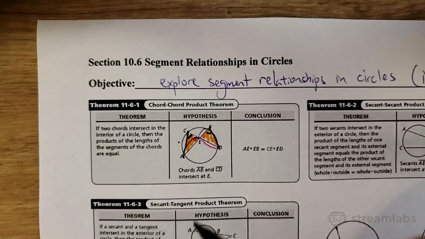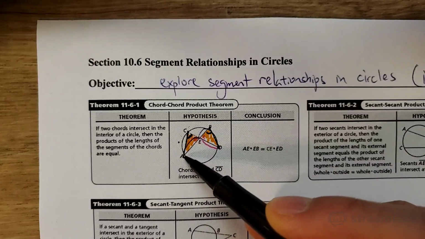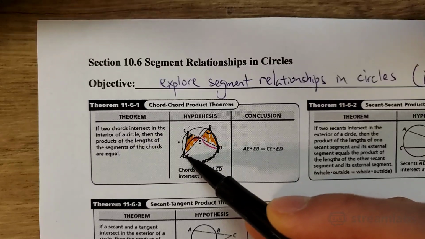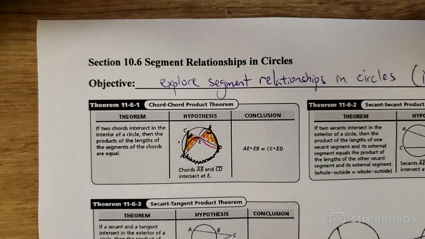So basically, you see this angle versus this angle? Do you see this arc right here? This arc is the same arc. And remember, these are called inscribed angles.